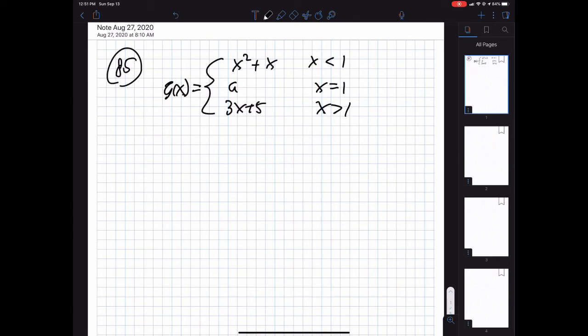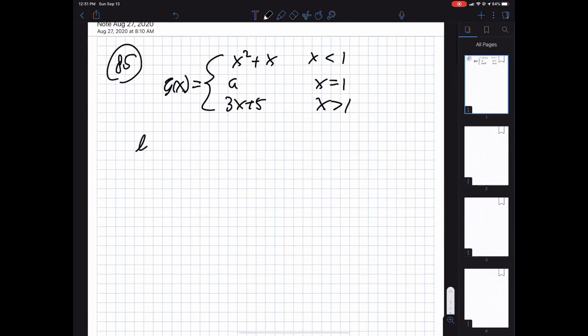By the definition, we have to do this. The limit as x approaches 1 from the left of g of x. Well, how do you find that? Which function do you use? We're approaching from the left. That's where x is less than 1, so it's going to be that function.